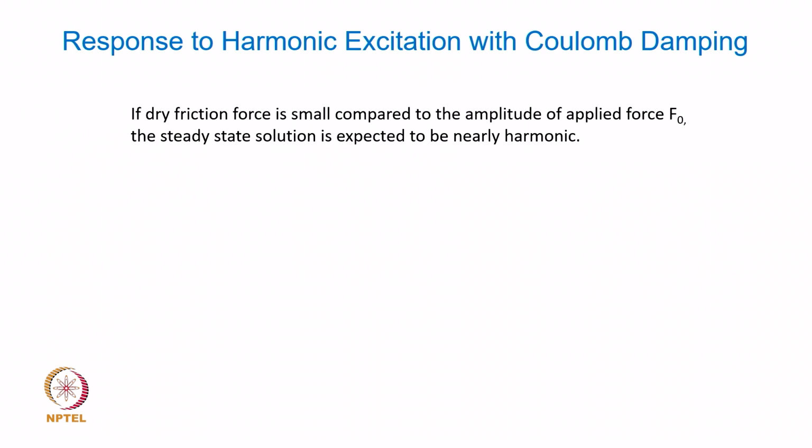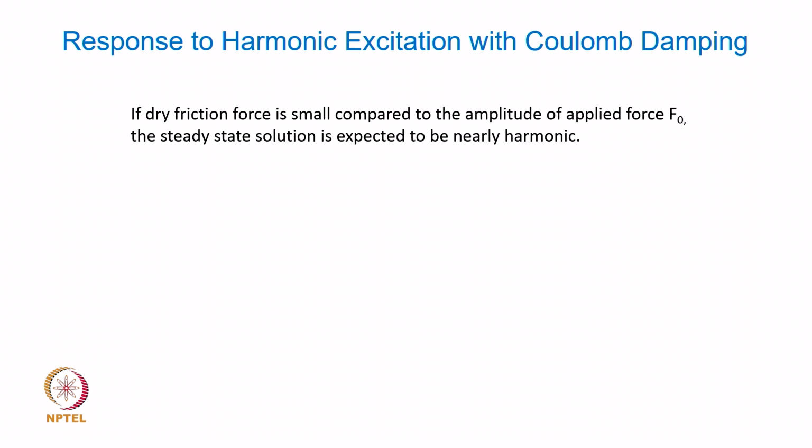Okay, so having now discussed the basic philosophy of a sensor design, we discussed the seismometer and accelerometer. Now a slight introduction to finding the response to a harmonic excitation with Coulomb damping. We have always assumed that the damping is viscous damping.